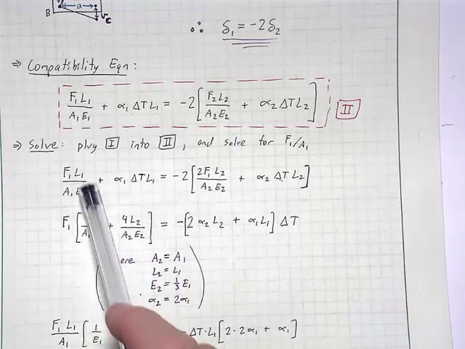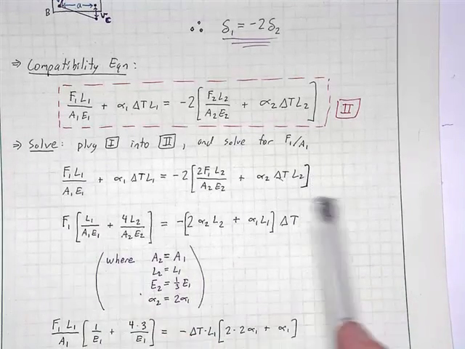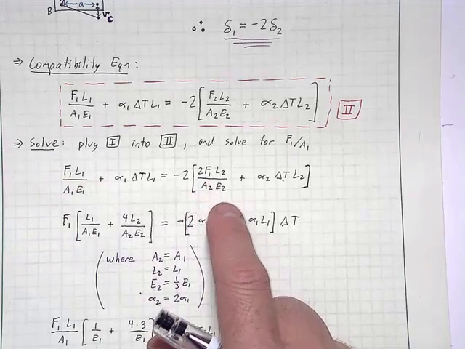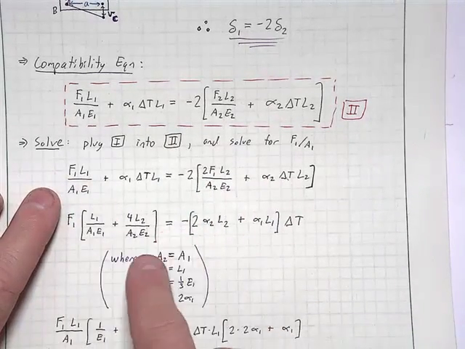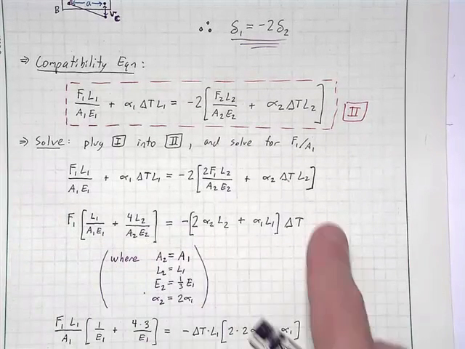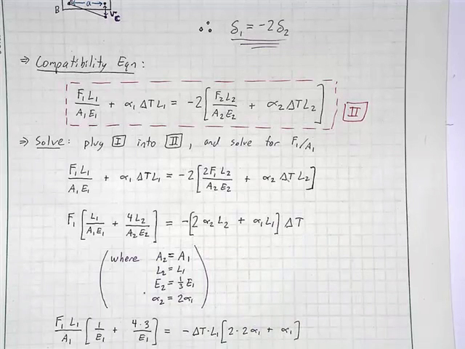Now we have just one equation for F1. You see F1 here and F1 there, so we pull all the F1s to one side, multiplied by this term, and it equals everything else over here that doesn't have an F1 in it.